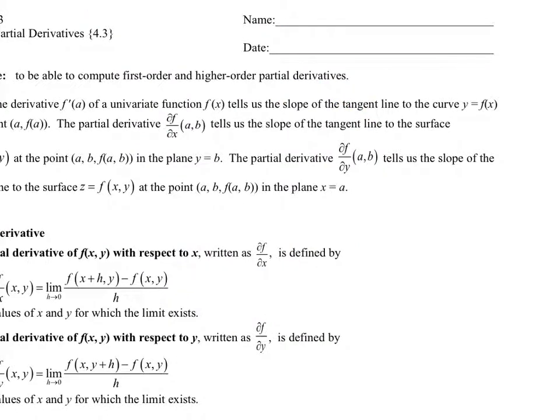So partial derivatives, the idea behind them is that we're essentially holding one variable constant while we differentiate the other variable. You have all this funny notation here, I'll get into that in a little bit. But I talk about things like gradient, slope in 3 dimensions.